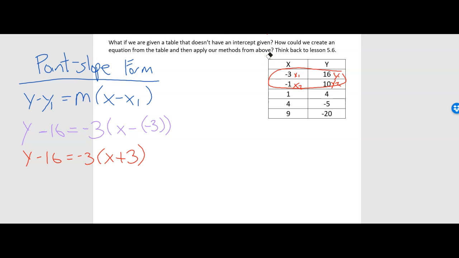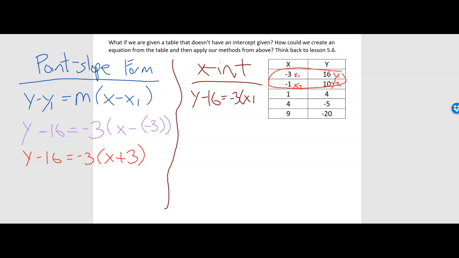So now we go through the process from above. If I'm going to find my x-intercept, I'm going to substitute in 0 for y. I'll start from the beginning. So I get 0 minus 16, and I'll distribute my negative 3 over here: negative 3x minus 9. This gives me negative 16 equals negative 3x minus 9.